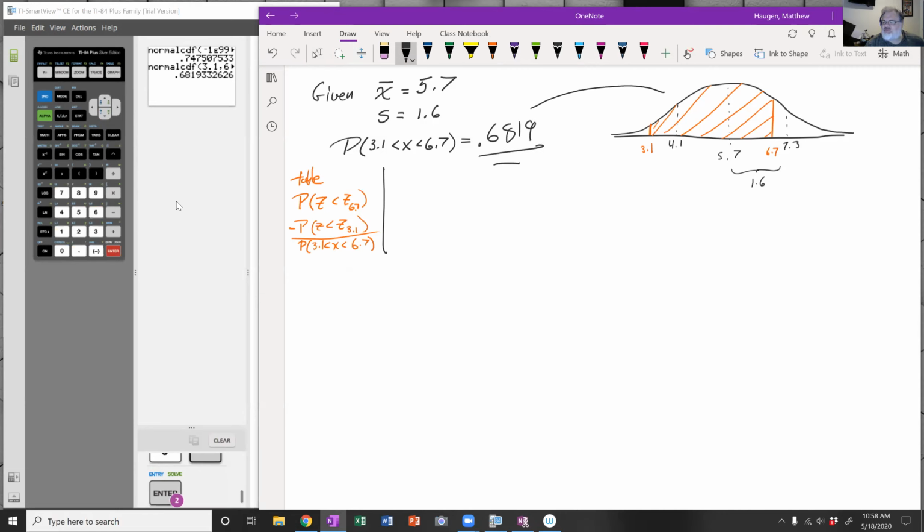And it's actually a little smaller than I would have expected, but not unreasonable. Between here and here would have been 68%. So we lost a little bit here, gained a little bit there, and it's still about 68%. Okay, I believe that. I still thought it would have been a little bit bigger, but it's not crazy.